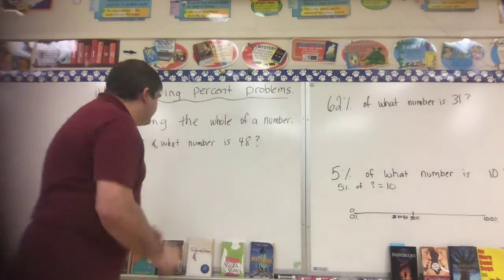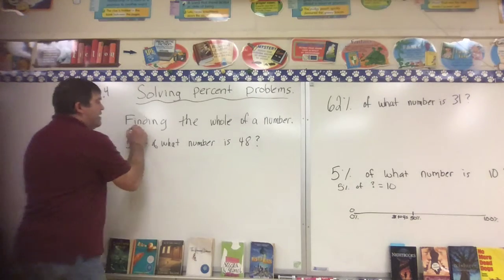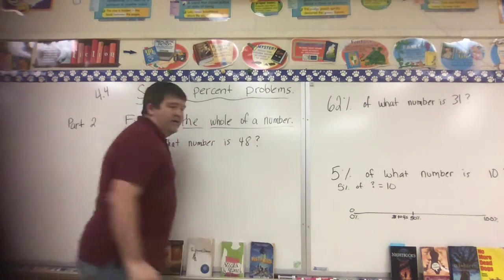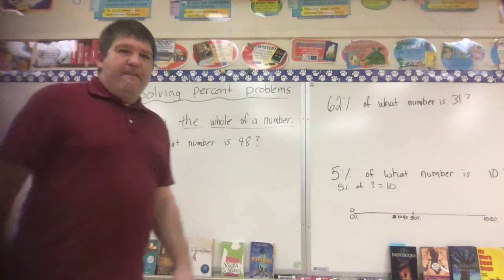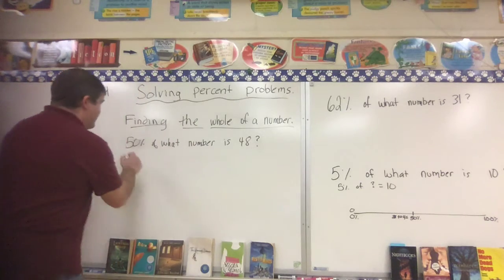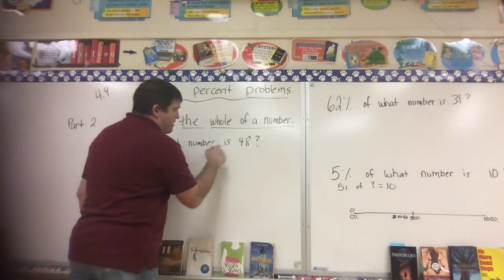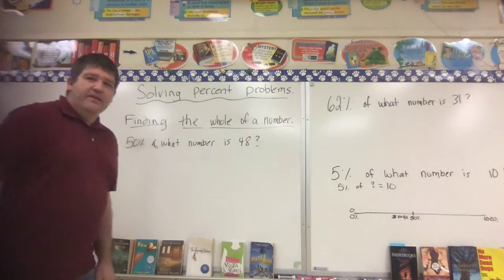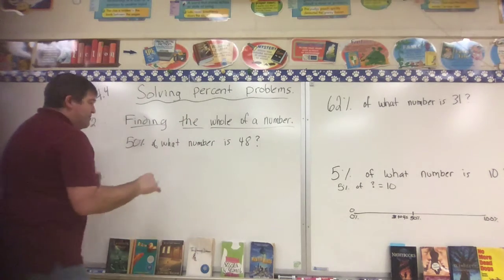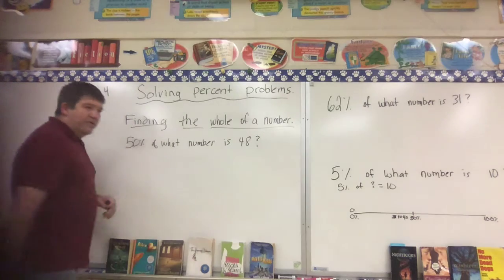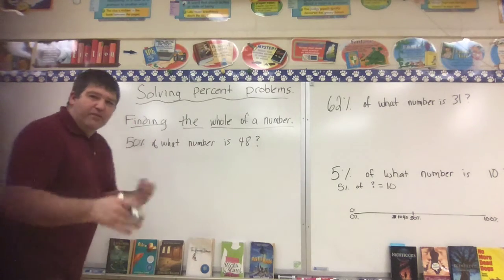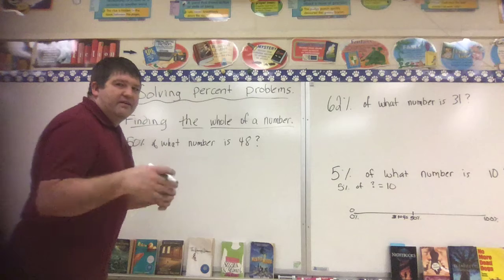Confusing. Huh. Okay, so we are finding the whole of a number. So here's what it looks like. Say we want 50% of what number is 48. So I'm going to take this and put it into like a little problem like 4 plus 2 equals 6.